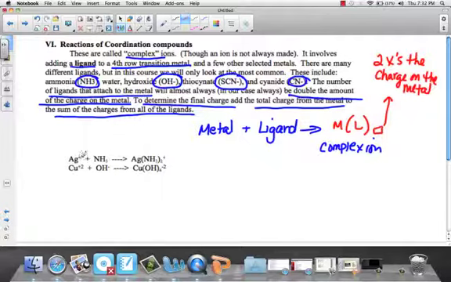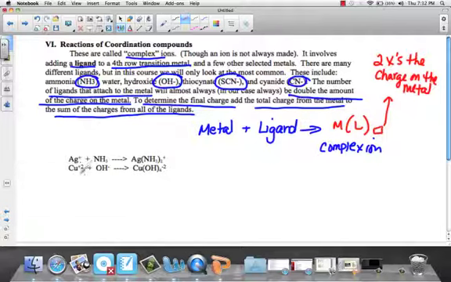So plus 1 times 2 is 2. And then you've got your total charge, which is the charge from the metal, plus 1, plus the sum of the charges from all the ligands. Here, there's no charge on the NH3, so it's just going to be plus 1.